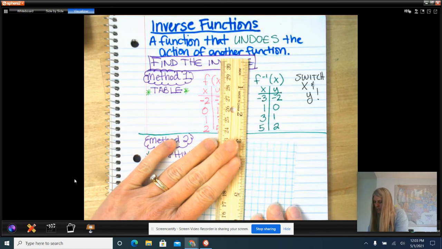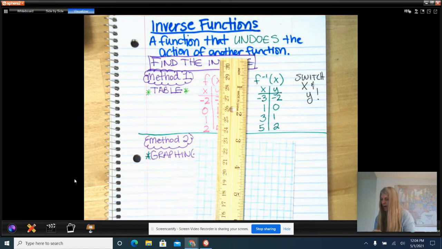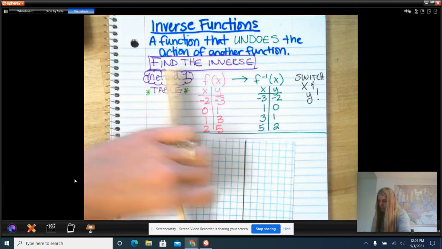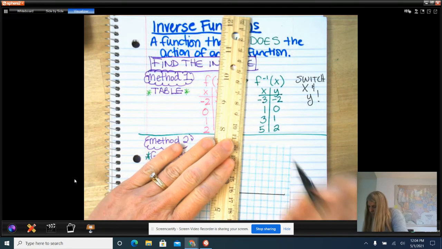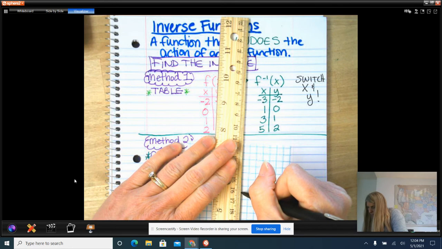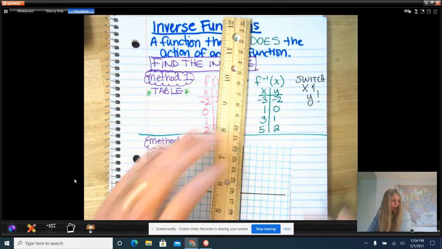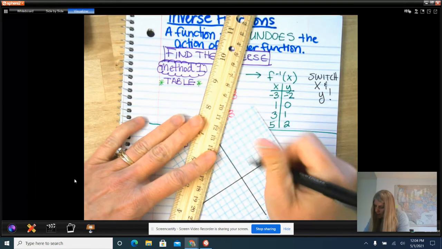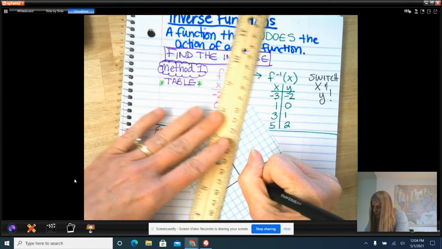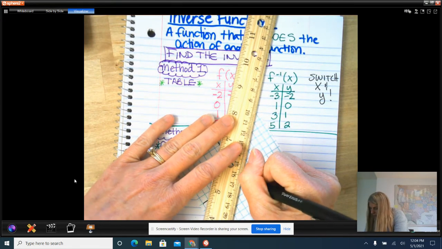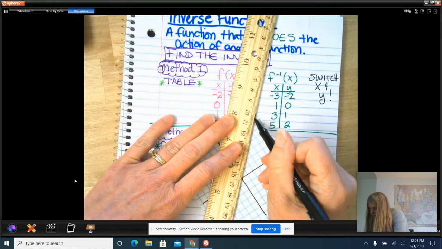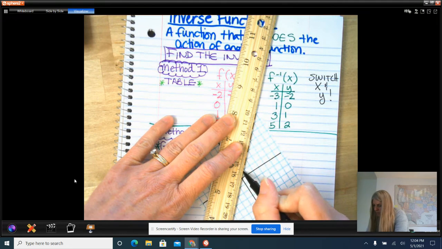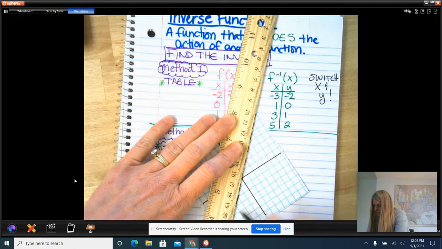So we're going to go ahead and do a quick graph. And we are going to do a y equals x line right down the middle. We'll make that one a dashed line. And that's what we're going to be reflecting the line across.